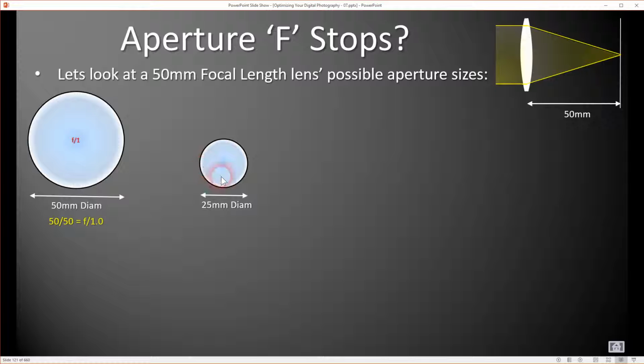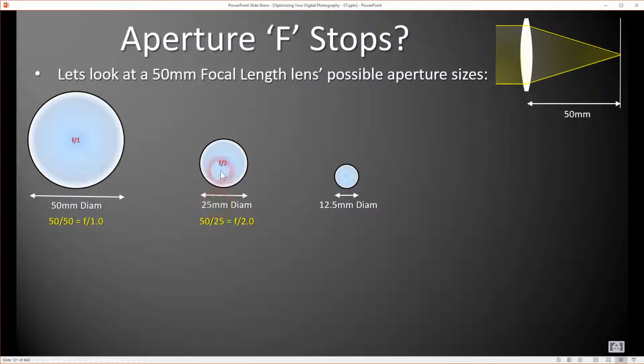If it only has a maximum aperture of 25mm diameter, the front lens is 25mm diameter, 50 divided by 25 is 2, or f2.